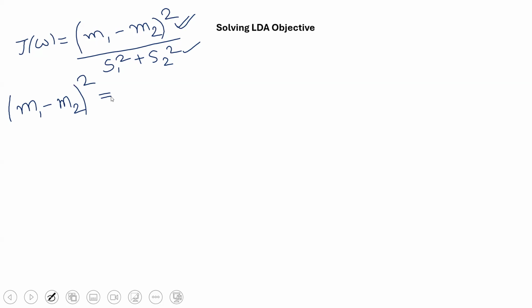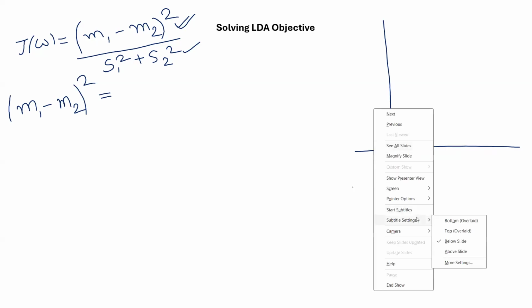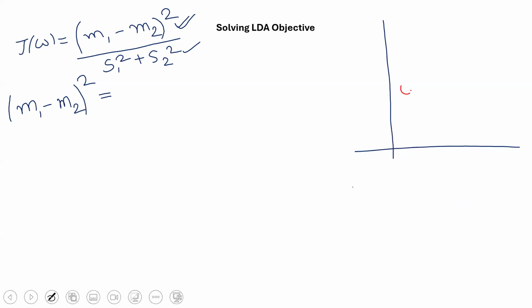Mean of the points, right? Let's say we have two categories. Let's understand this very carefully. What we are doing in LDA, we have two categories in the data, something like this.